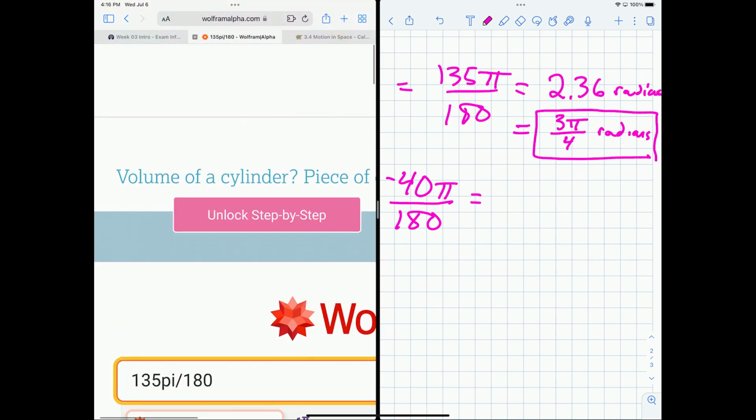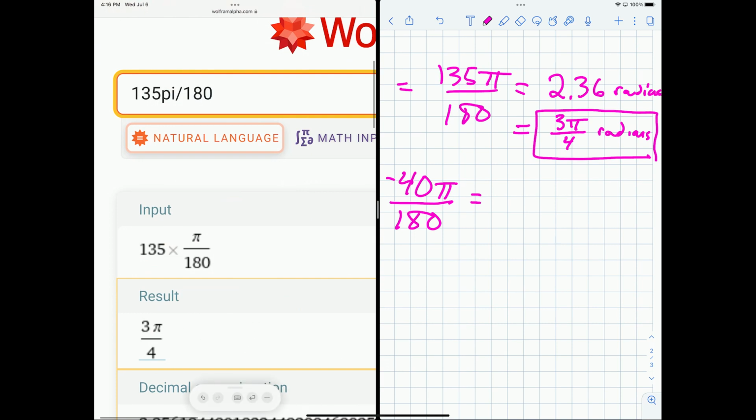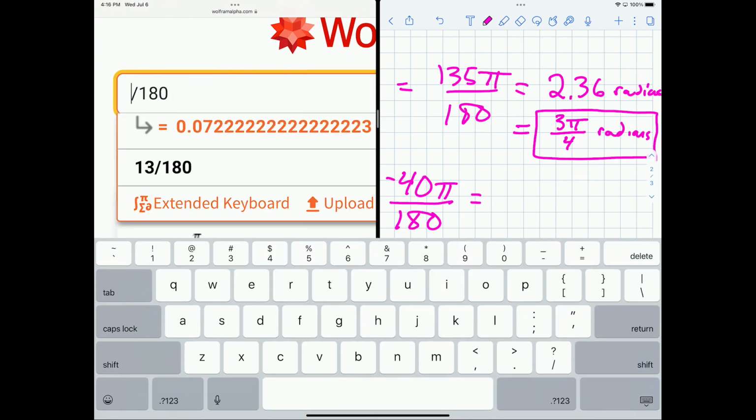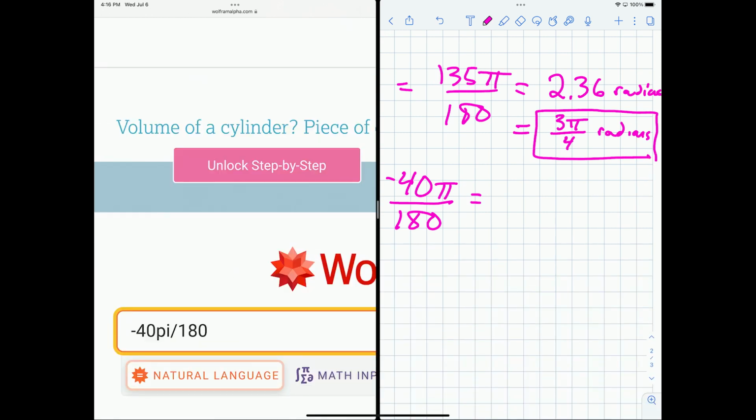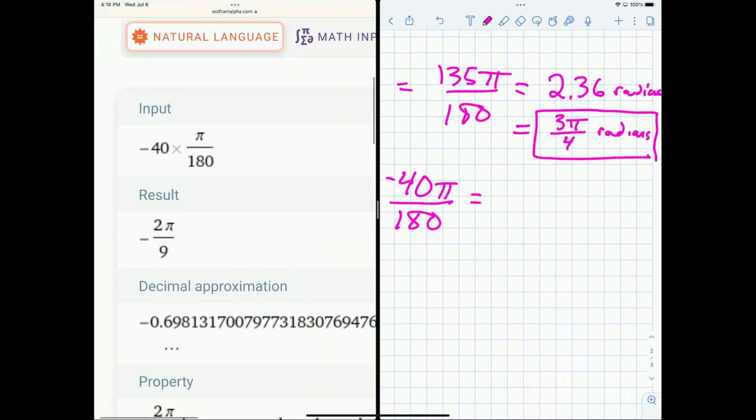For the other one, we just need to change that 135 to a negative 40 pi, and that is negative 2 pi over 9, or if you want a decimal, negative 0.698, but that would round up, so 0.70.